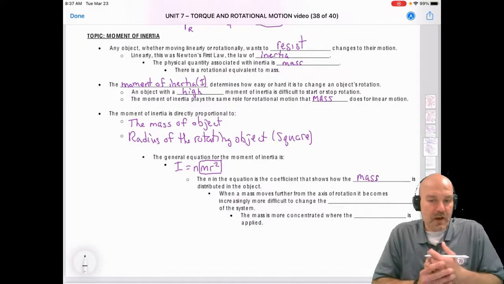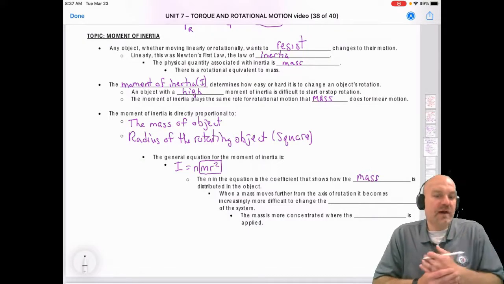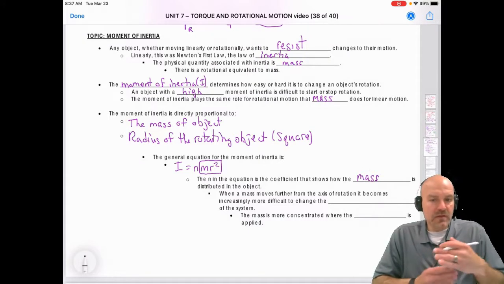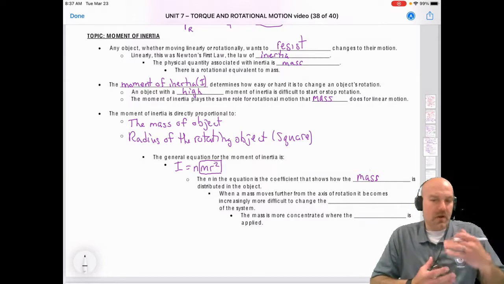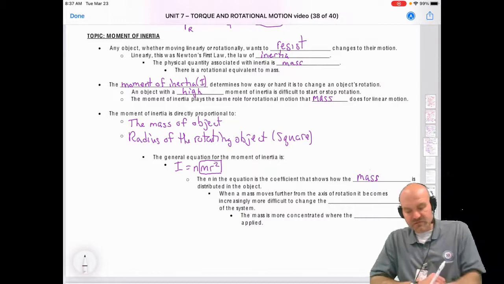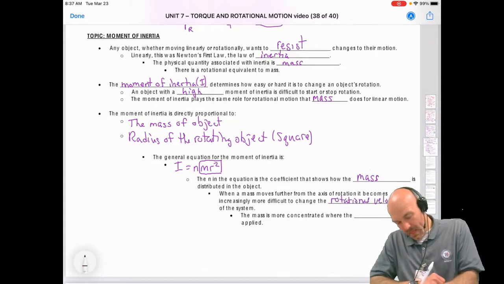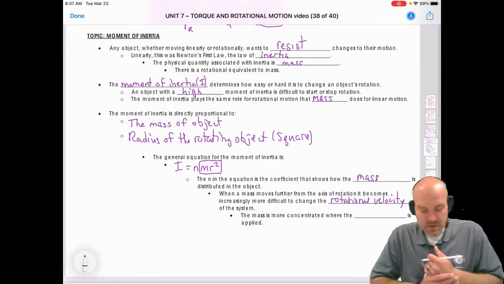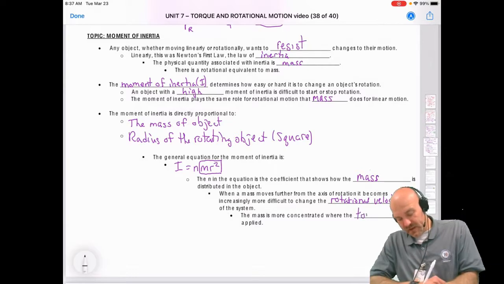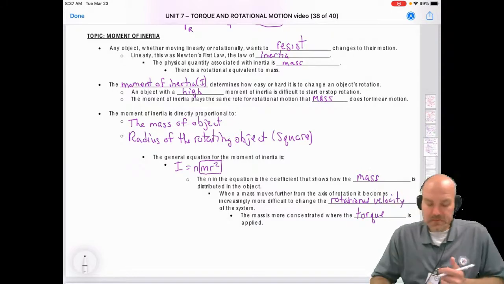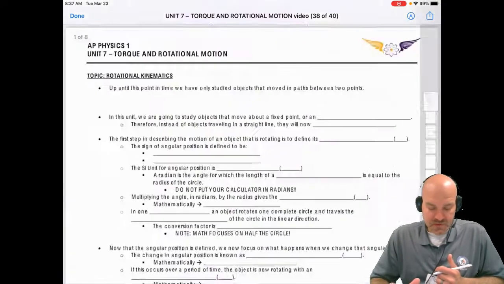The greater the value for n, the further the mass is concentrated, which means the harder it is to change the rotational velocity.